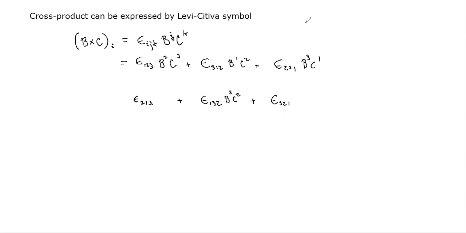You can fill in the rest, but let's find out, for instance, the ith component, the first component, of this new thing. We'll define this to be A. So for instance, what is A1? Well, A1 would be, I pick out the 1 parts of these, so that and that. Okay, what's E1, 2, 3, B2? A1 is equal to, what's Levi-Civita symbol 1, 2, 3?